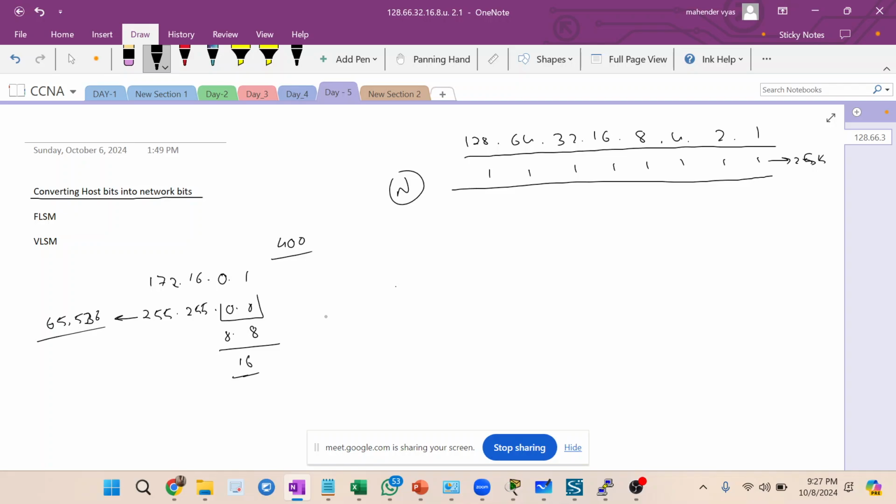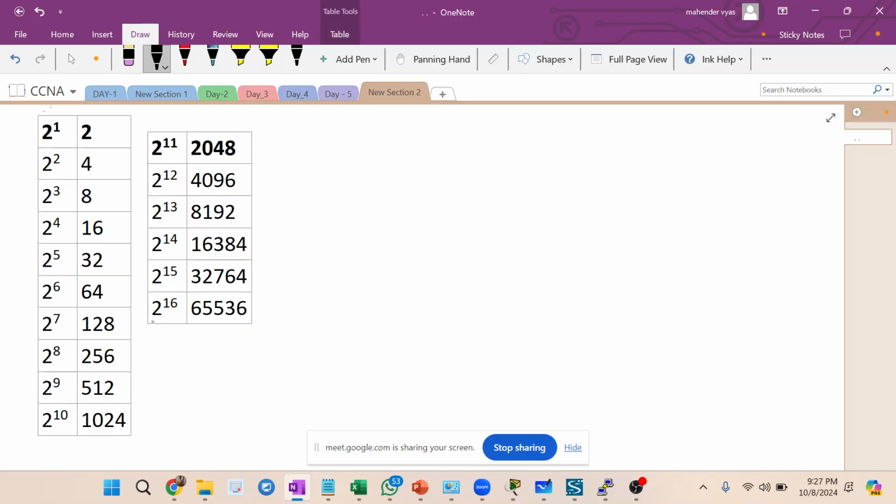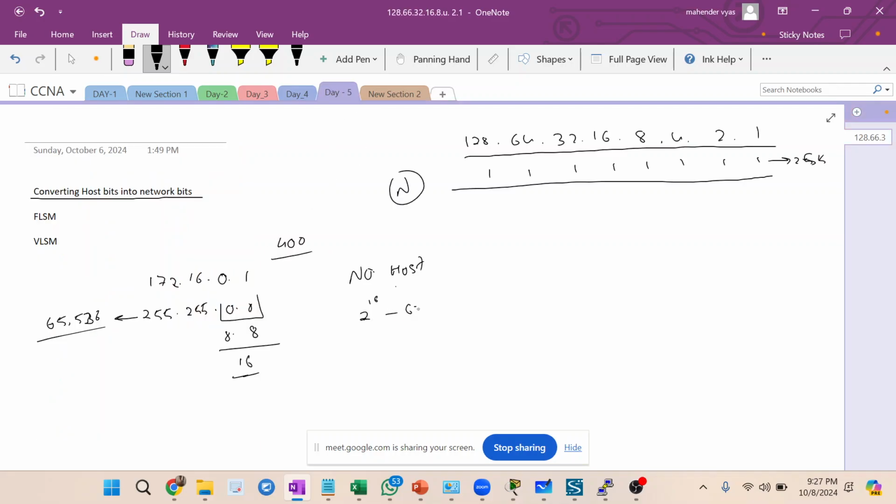Remember, last time I said the number of hosts can be calculated based on 2 power. If I have 2 power 16, how many hosts do I have? 2 power 16 means 65,536, correct? Why did we take 2 power 16? Because we have 16 host bits, 8 here, 8 here, right?